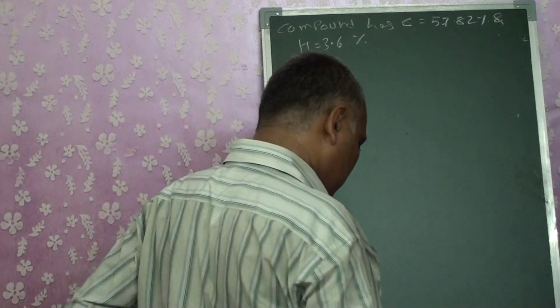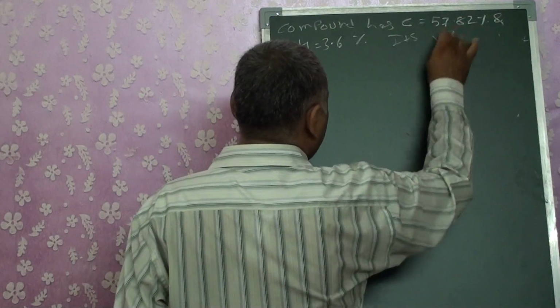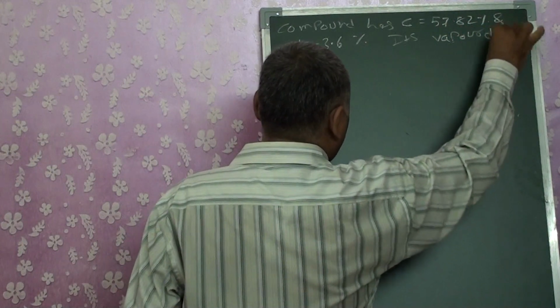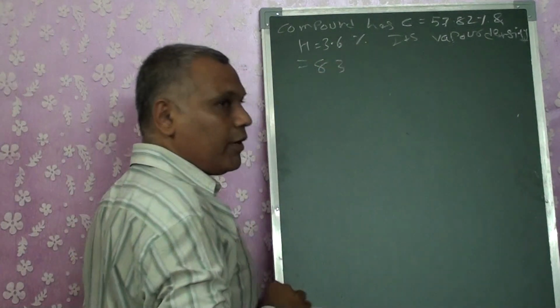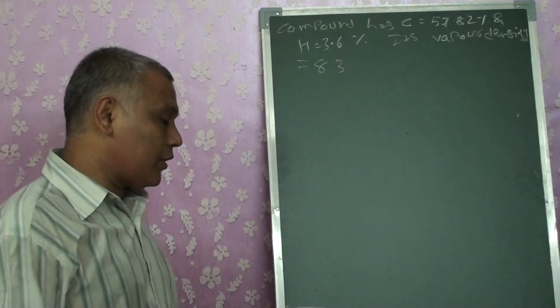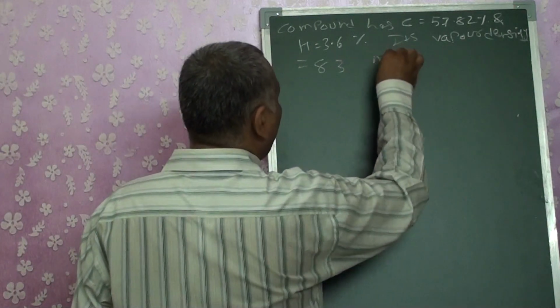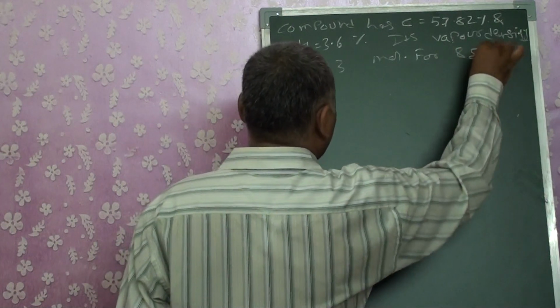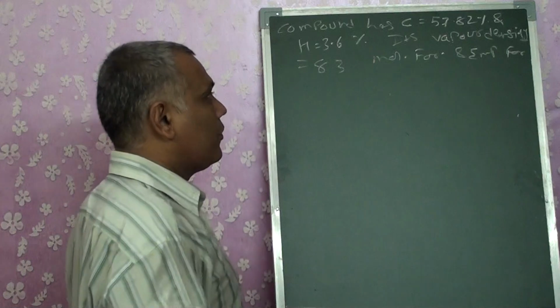Its vapor density is equal to 83. The vapor density is given to us, that is 83. Find out the molecular formula and empirical formula for the given compound.